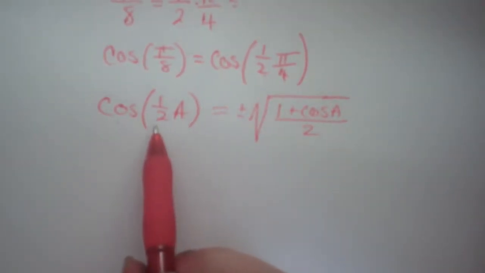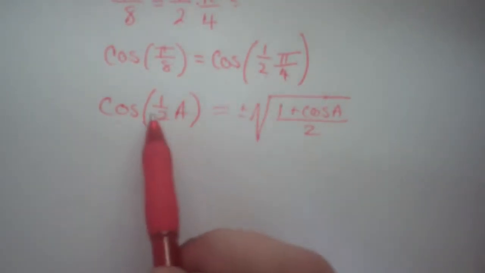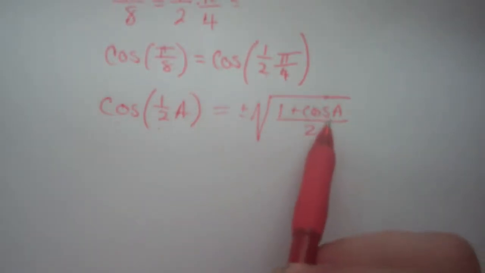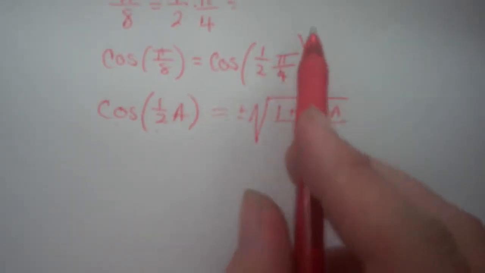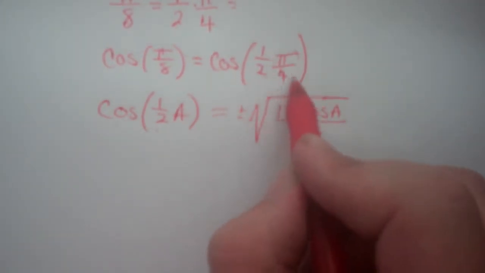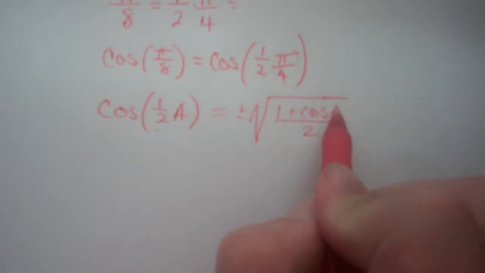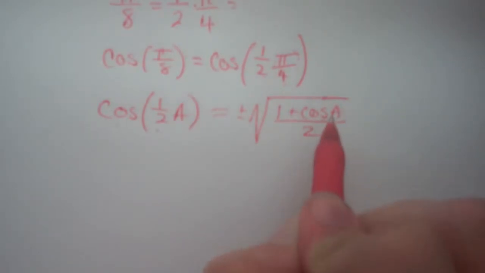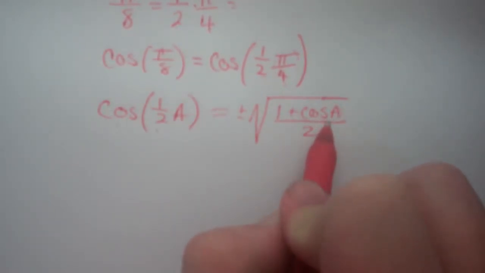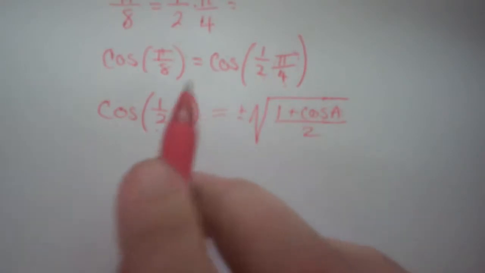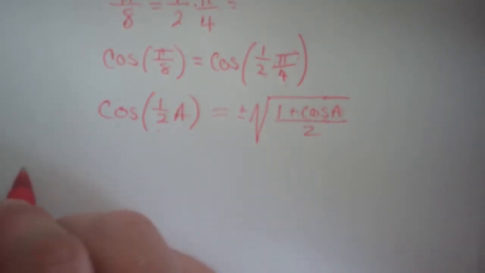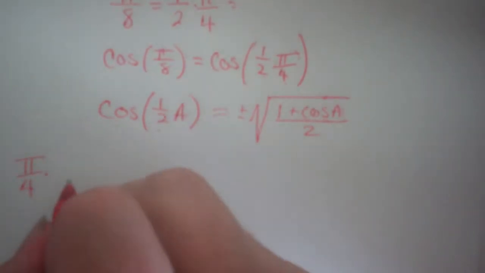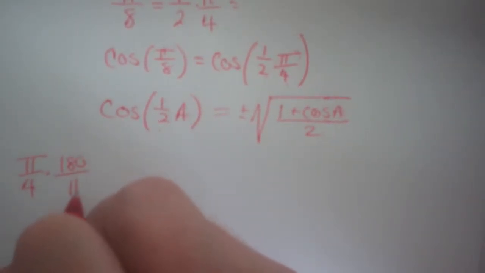Now, why would I want to go from something that's like this to something that's like this? Well, you see, if this is the angle that I'm working with, this pi over 4, that means that in here I'm going to put the cosine of pi over 4, and I know the exact value of the cosine of pi over 4. Why is that? Well, for those of you who prefer degrees, I'll remind you that pi over 4 radians, if I change that to degrees, looks like this.